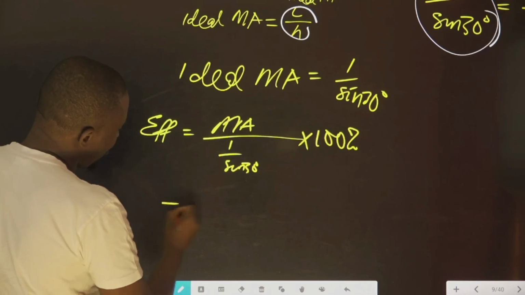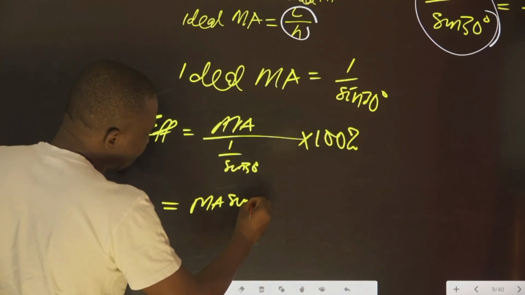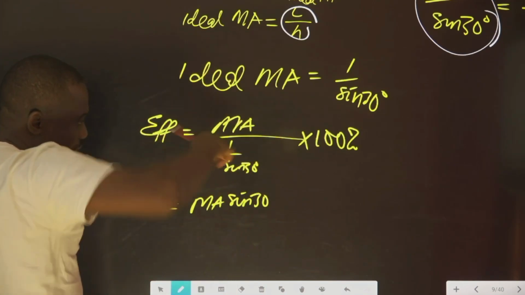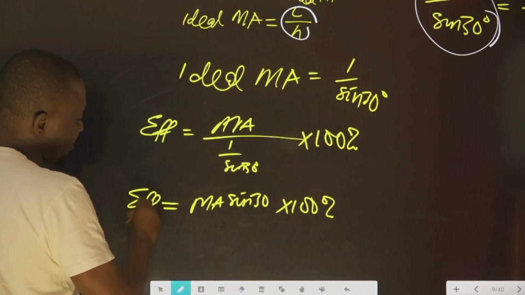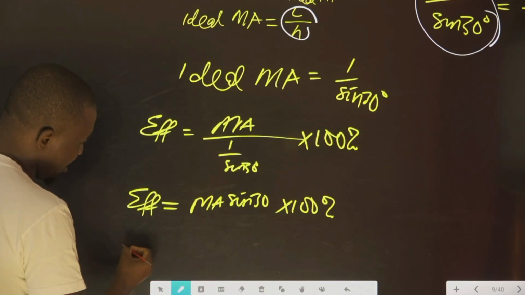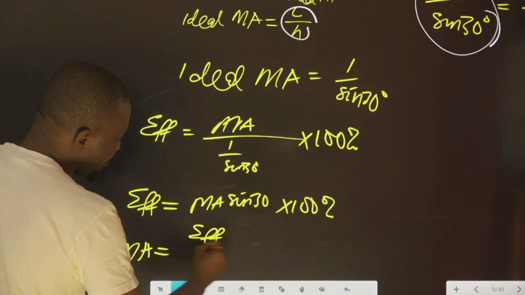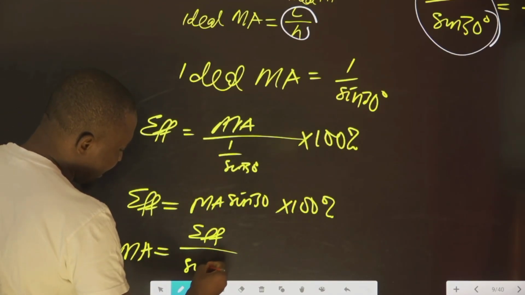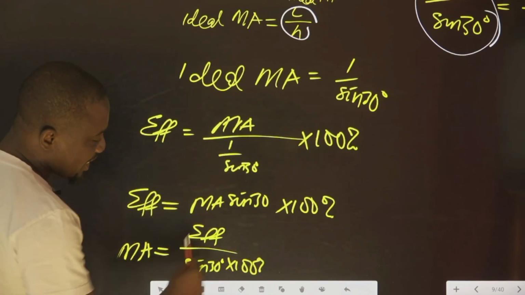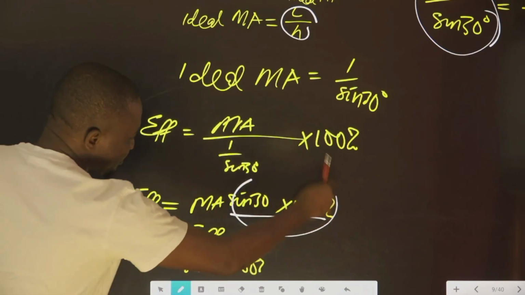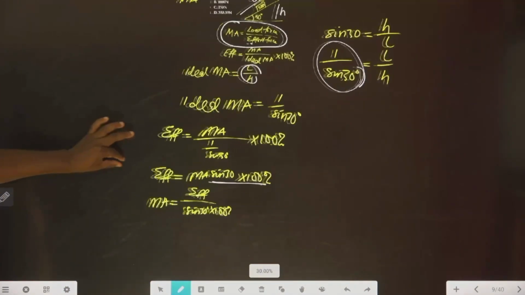Here alone we have MA and sine 30 degrees. If I multiply by 100%, this is efficiency. MA alone here, you're going to have efficiency over sine 30 multiplied by 100%. You understand? That is dividing both sides by this to have this. Okay, so now let's continue.